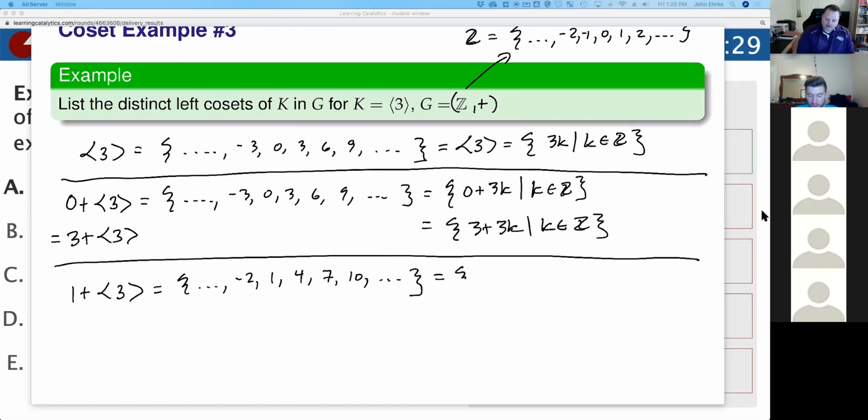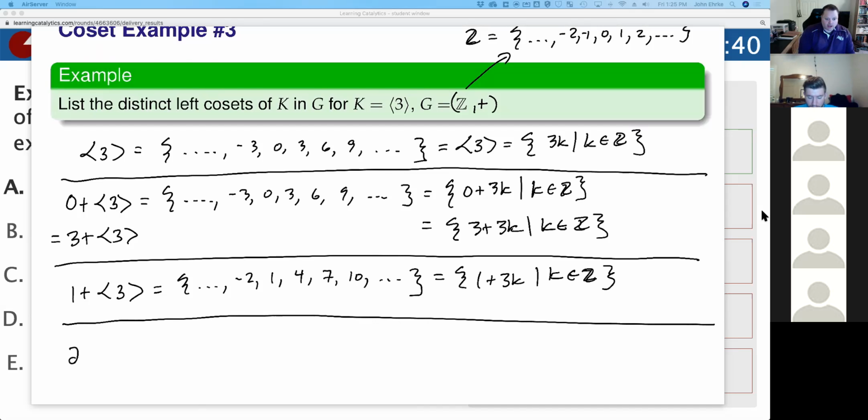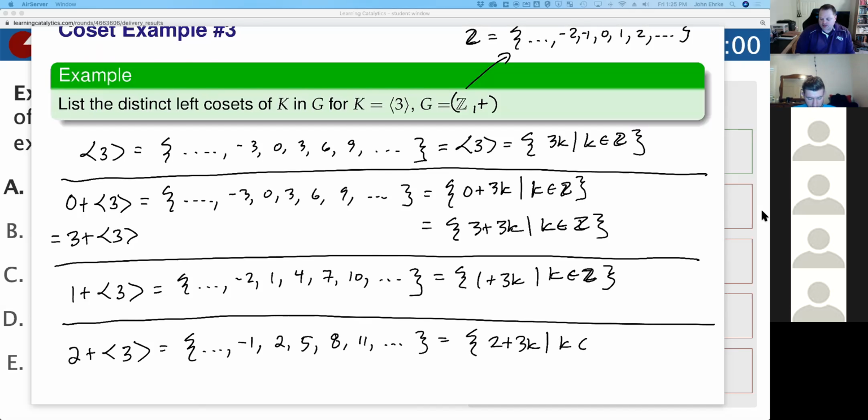The way to write that is it's all the elements 1 plus 3k, such that k comes from Z. I can also look at 2 plus that set, which is the set of all elements 2 plus 3k, such that k is in Z.